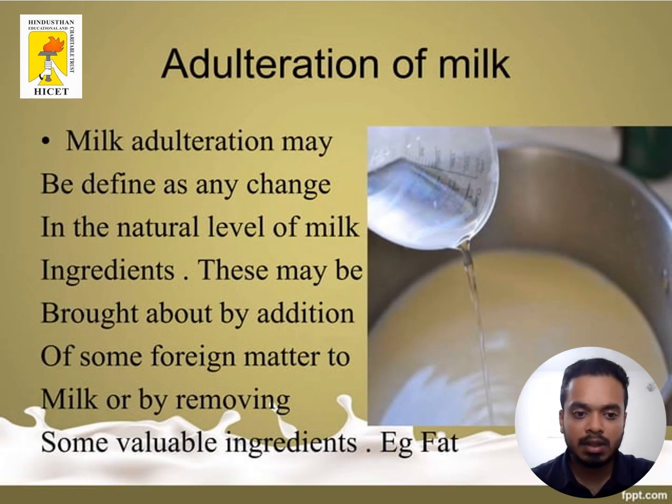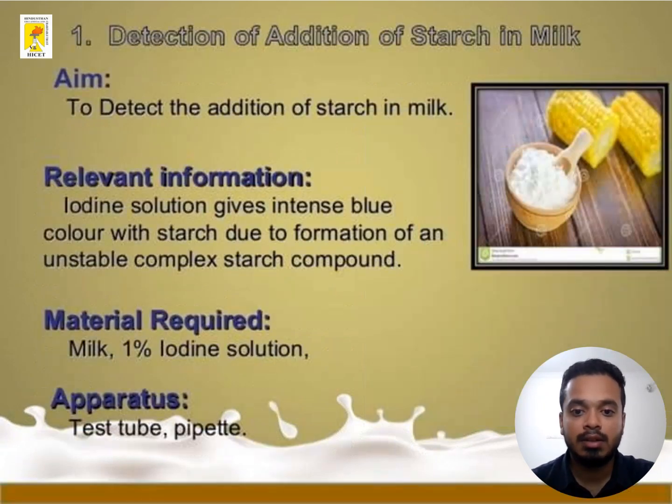Milk adulteration may be defined as any change in the natural level of milk ingredients. This may be brought about by the addition of some foreign matter to milk or by removing some valuable ingredients, for example the removal of fat.